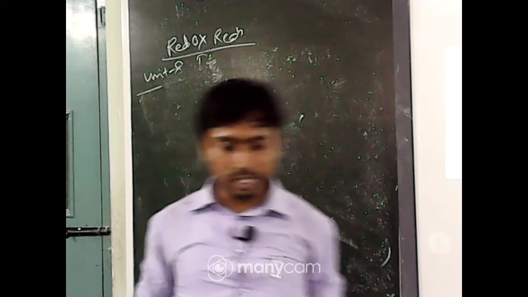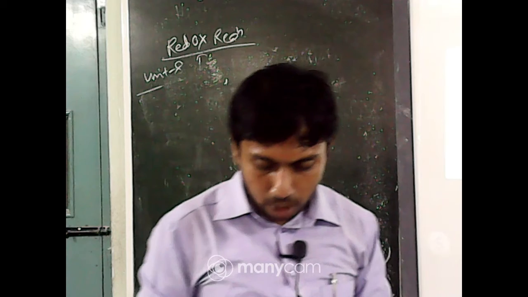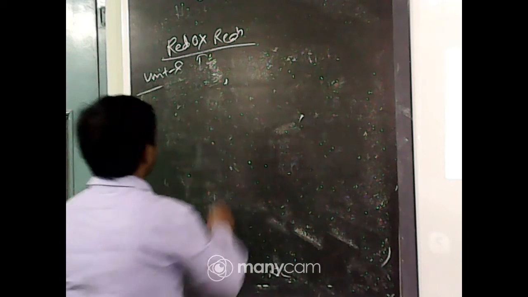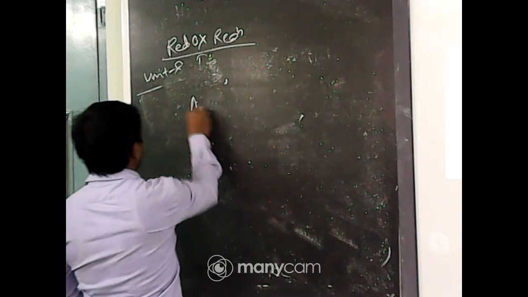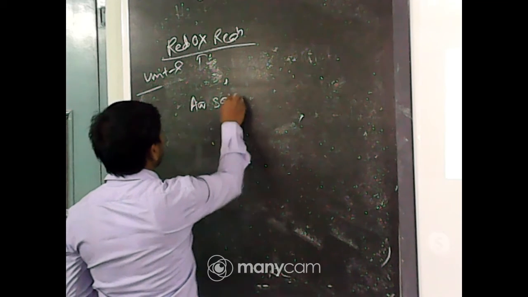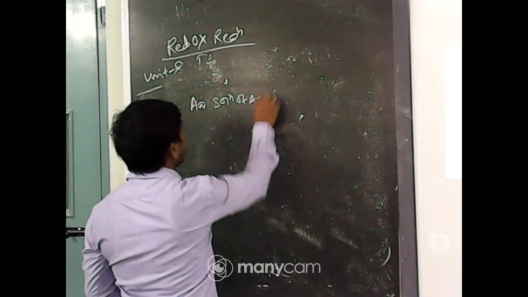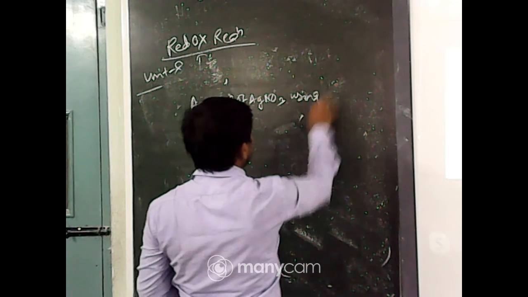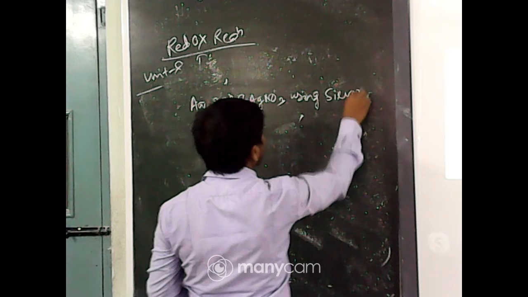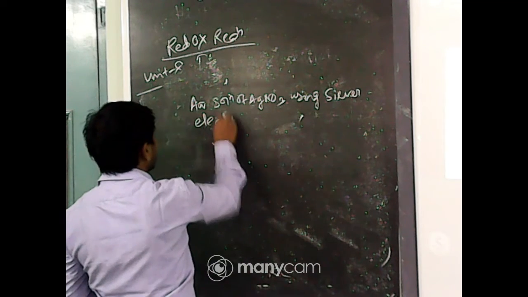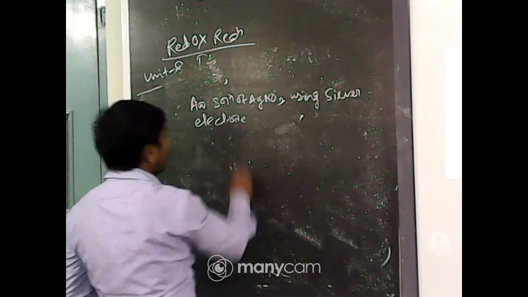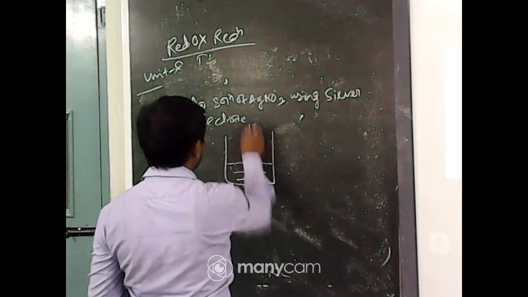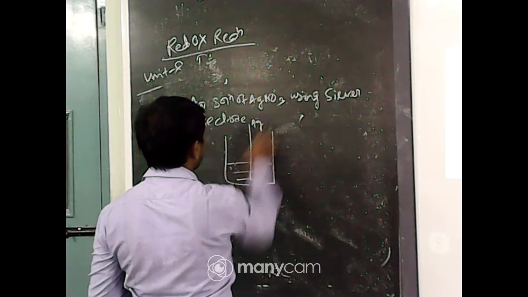Now on this concept, electrolysis of an aqueous solution of silver nitrate using silver electrodes. Here the compartment has silver nitrate solution and a silver rod.